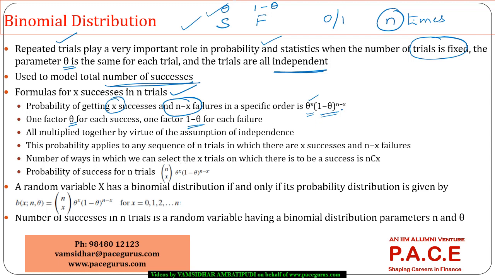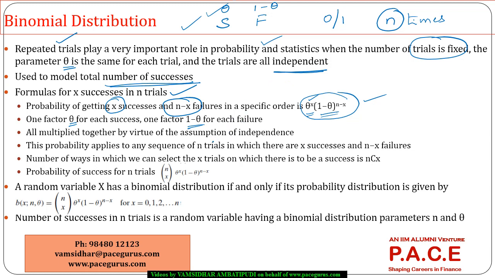Because all of them are independent, I am trying to find the joint probability of all of them, which is given as theta to the power x into 1 minus theta to the power n minus x, because this formula is applicable only when all the trials are independent. When all the trials are independent, the joint probability of their occurrence is the same as the product of their individual probabilities.